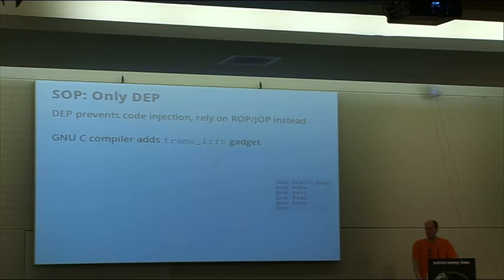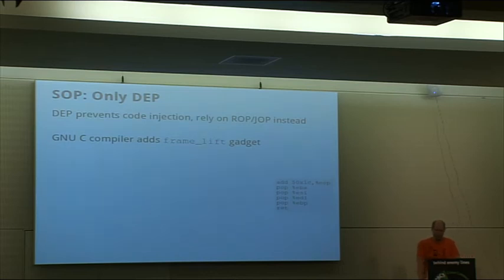If you use the GNU C compiler, it will add a couple of functions that actually set up the application, call the loader, and do many different things, and also initialize the libc and things like that. And as part of that setup code that's always available in any compiled application, we have a nice frame lift gadget that we look at in a bit more detail.